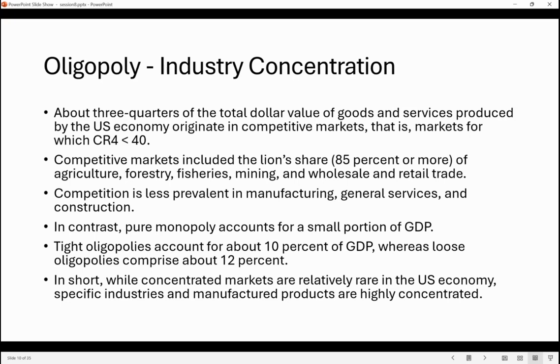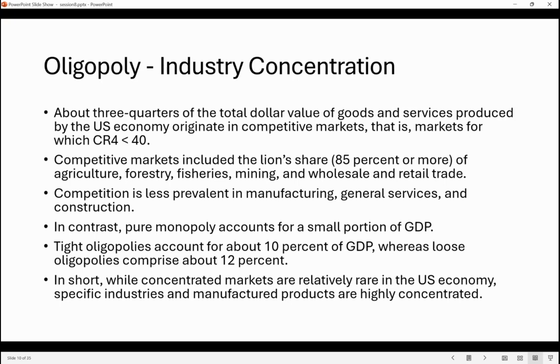So the majority of goods and services in the U.S. economy are produced under perfect competition, right? The examples could be agriculture, forestry, fisheries, mining, and wholesale and retail trades. They are mainly perfect competition.